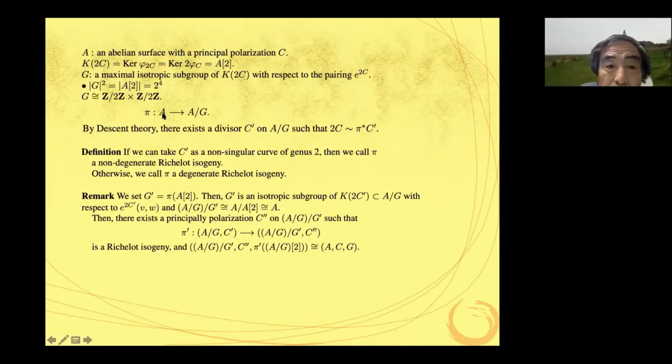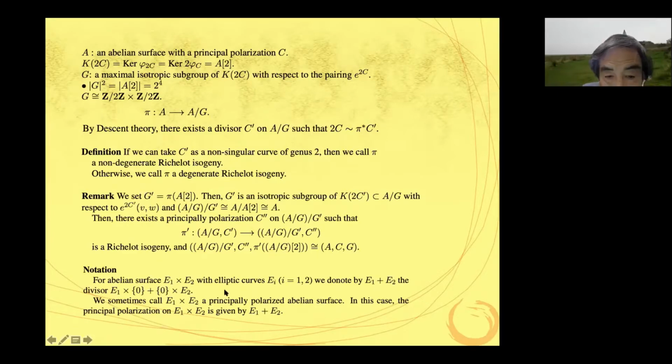So if you have a Richelot isogeny from here to here, then you can find a Richelot isogeny from here to here. So the notion of Richelot isogeny is invertible in a sense.